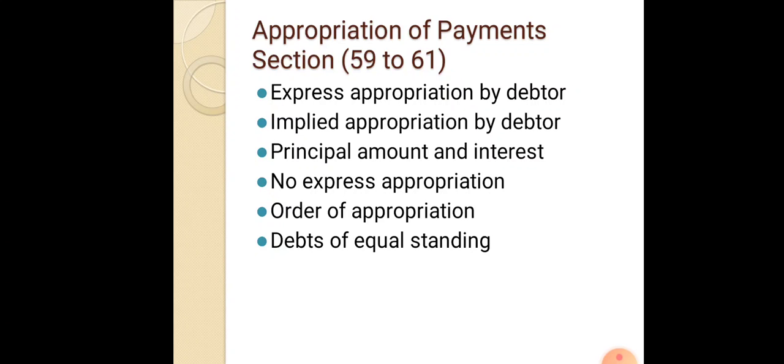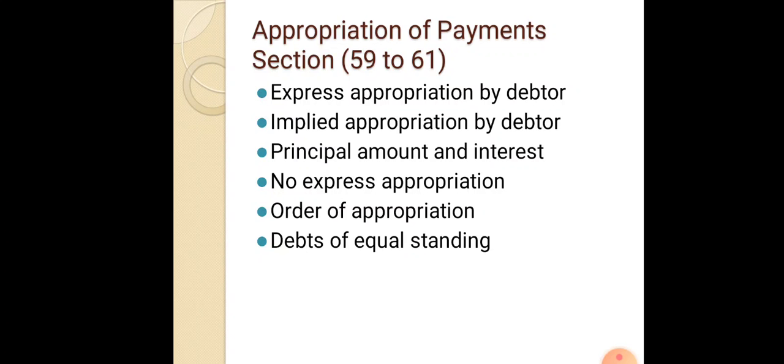Second, implied appropriation by debtor. If there is no express indication but the circumstances imply that the debtor intended appropriation to a particular debt, the debtor's intention must be followed.